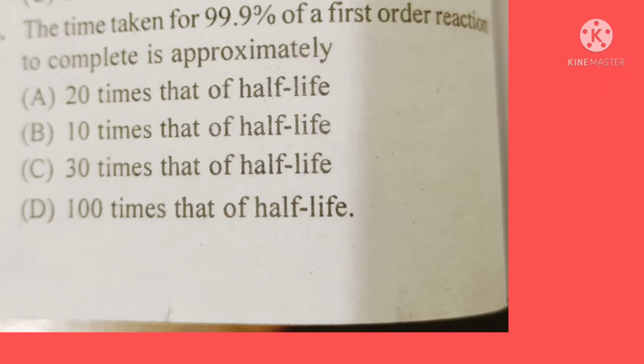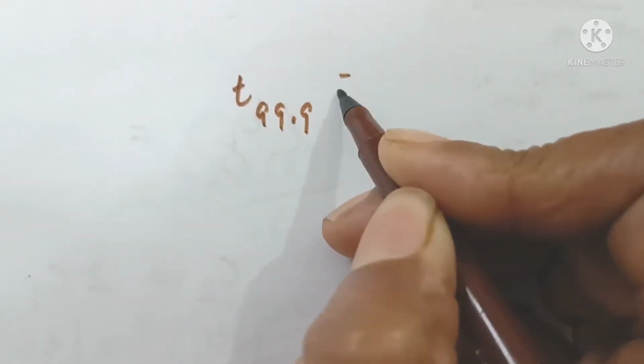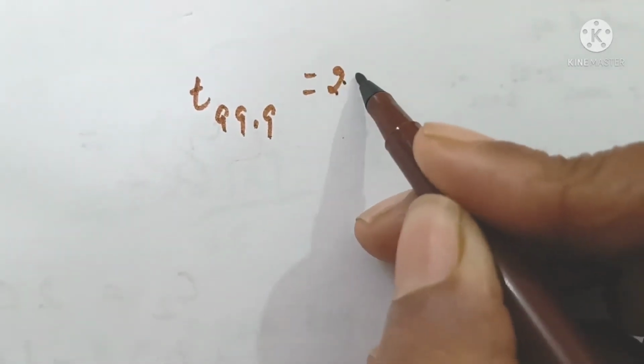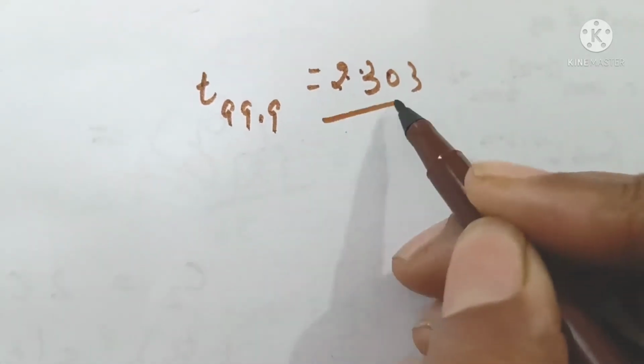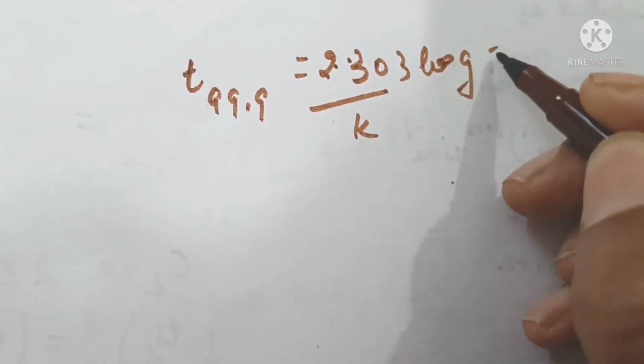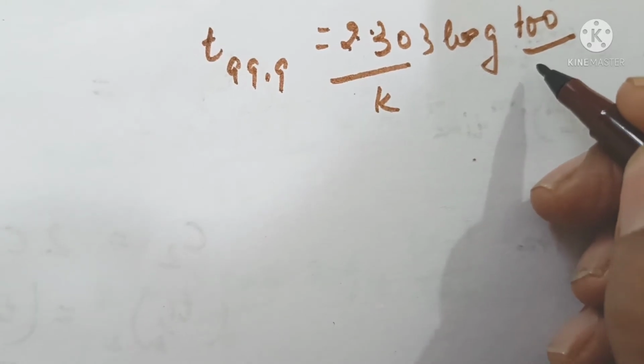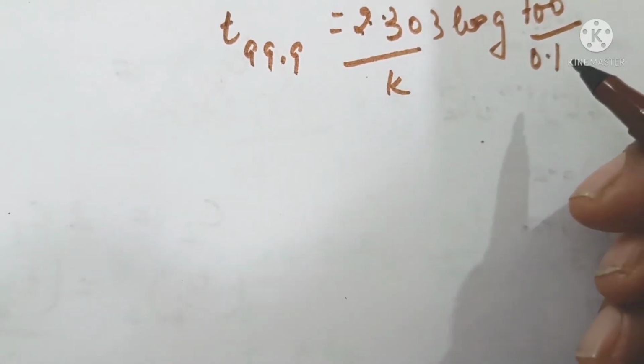The time taken for 99.9% of a first order reaction to complete is approximately. To find out the answer, let us solve the numerical. Time taken for 99.9% completion of a reaction will be 2.303 upon K log of A, that is 100, upon A minus X, that is 100 minus 99.9, which is 0.1.